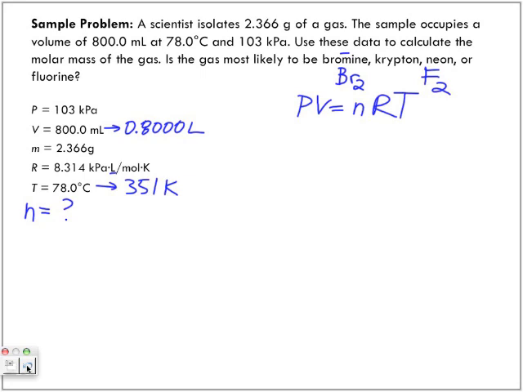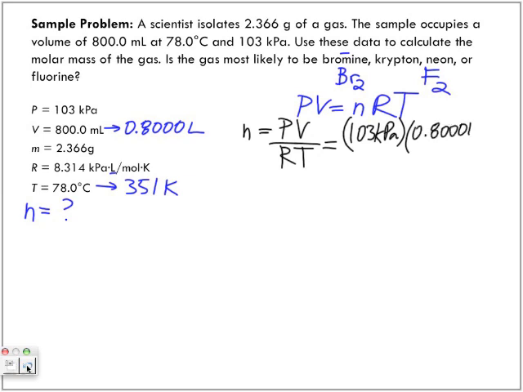So we're going to isolate for N. Just a different color here. So N is equal to PV over RT. So our pressure, 103 kilopascals, multiplied by our volume, which is 0.8000 liters, divided by 8.314 kilopascals per liter per mole Kelvin, multiplied by our temperature, which is 351 Kelvin.